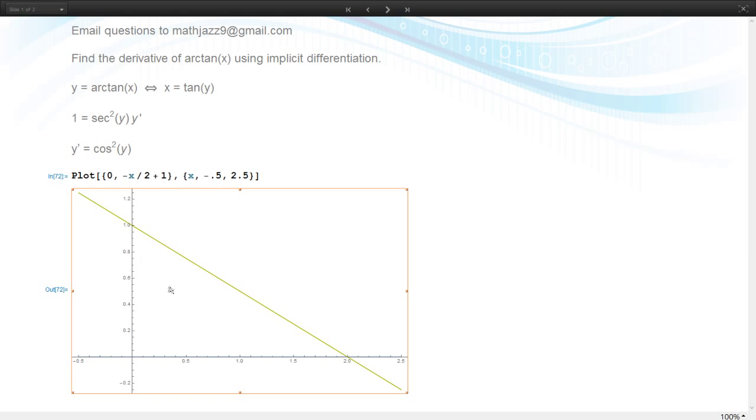So, if we know that x is equal to tangent of y, that means y is the angle down here, and x is equal to this side, the opposite, divided by this side, the adjacent. So the cosine is going to be the adjacent divided by the hypotenuse. Let's label these sides of the triangle.